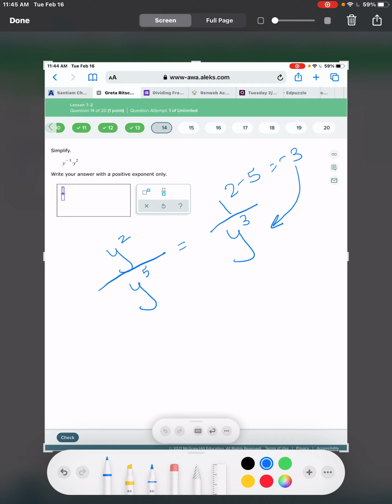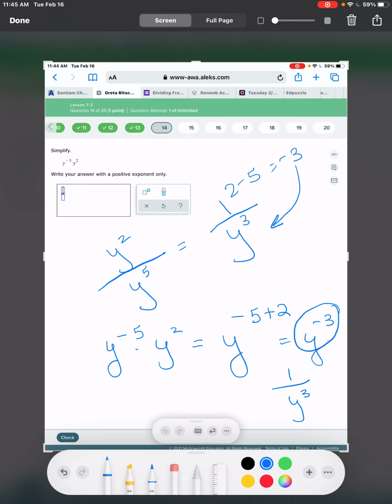Okay, there's another way we could deal with this. We can actually use the rule that says we add. So y to the -5th times y squared is the same as y to the -5 plus 2, which equals y to the -3rd, which means 1 over y to the 3rd, because our unhappy exponent wants to live in the bottom of the fraction where it is now happy. So we have 1 over y to the 3rd.